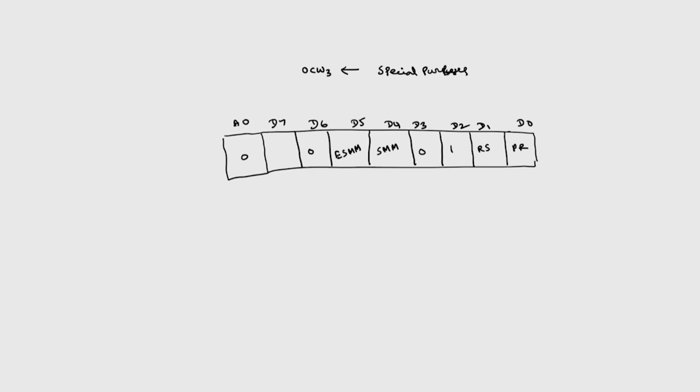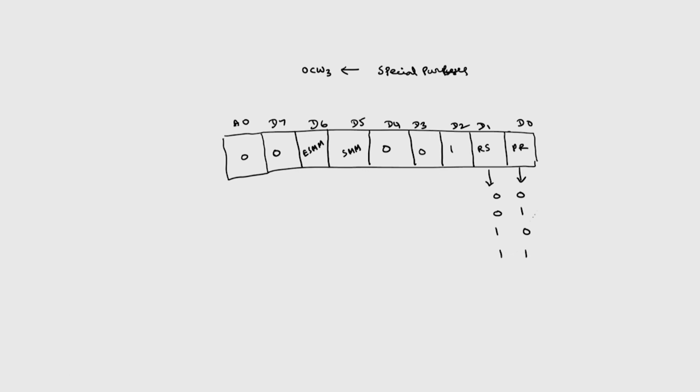D4 is also 0 here. You see ESMM, this is simply SMM. So these two bits are 0, 0, 0, 1, 1, 0, 1, 1.